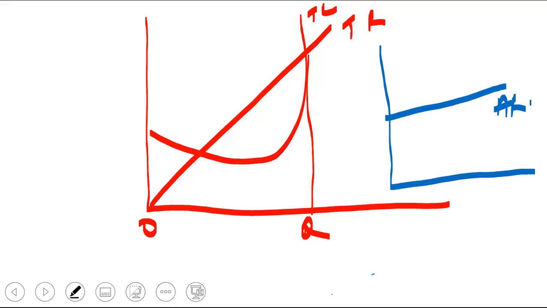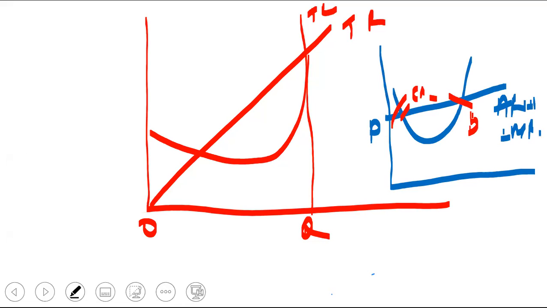AR is equivalent to MR. This is A. B is the equilibrium.